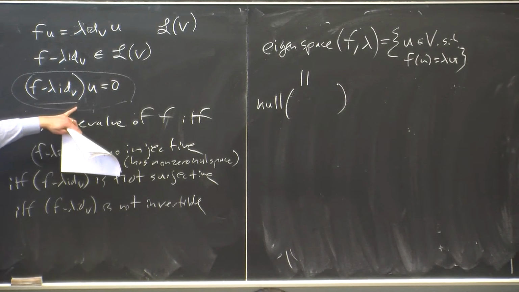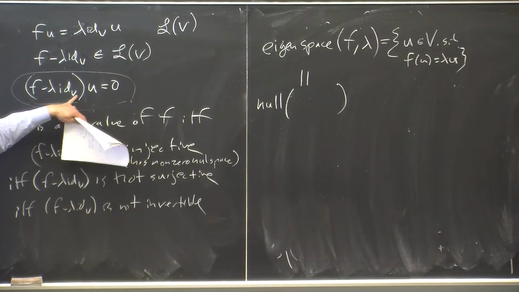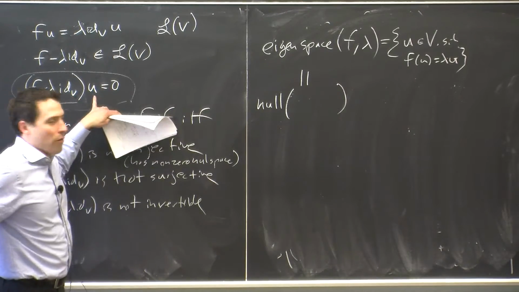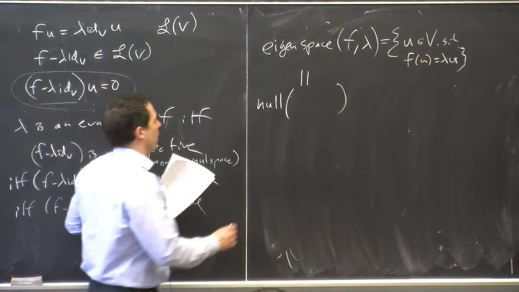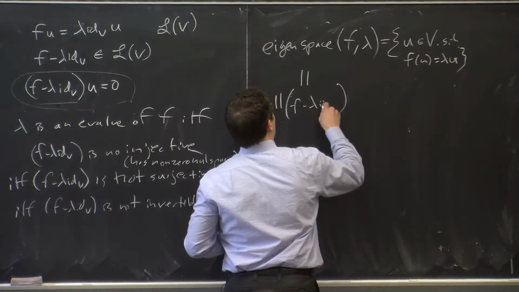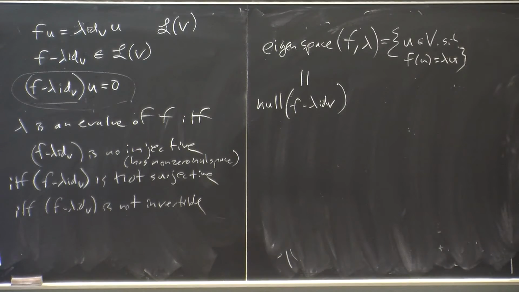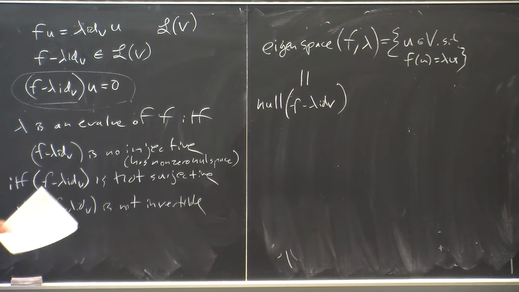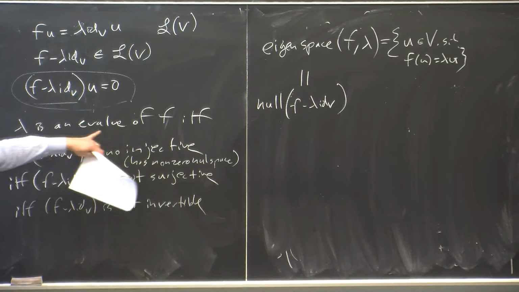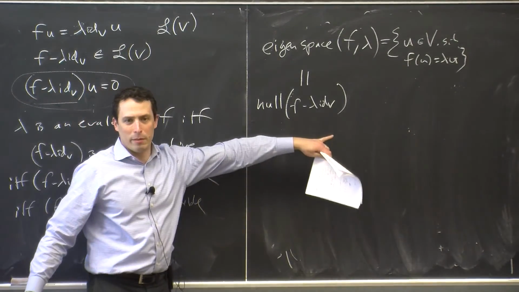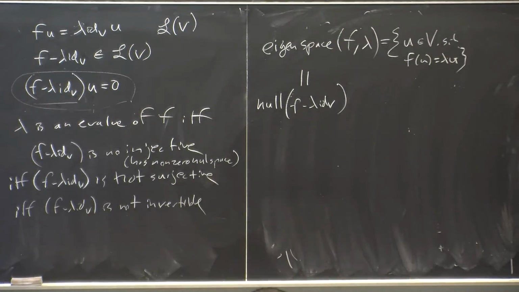It's just a set of all vectors such that f minus lambda times the identity of that vector is 0. That's exactly the null space of this operator. And therefore, we know that the null space is a vector space and is a subspace. And that's an illustration of why thinking about this is nice, right? Because now we can talk about the null space of this and the range of it, and we can use facts that we've learned about those objects.